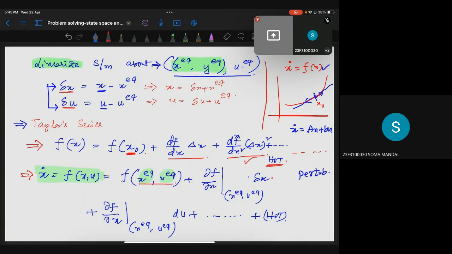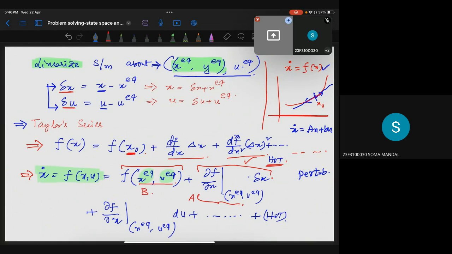Considering only the first term and the second term, this will be your A matrix, and this will be your B matrix.